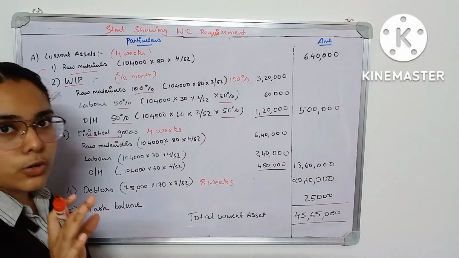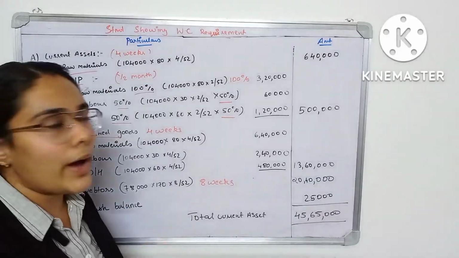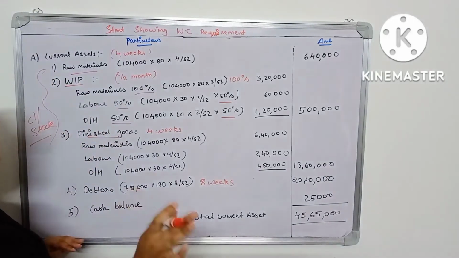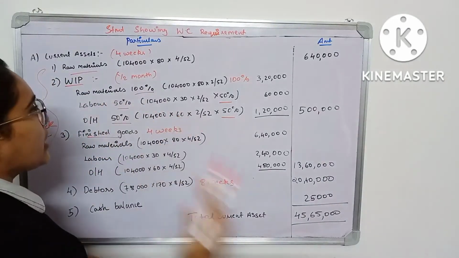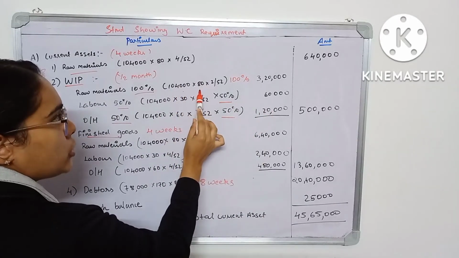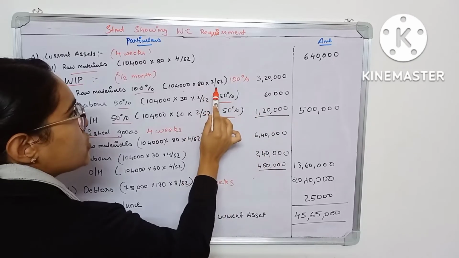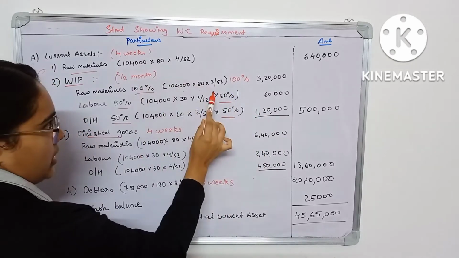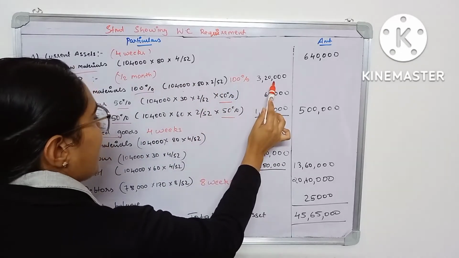This is the general rule that applies with respect to work in progress. So for raw materials, you have to take 100%. So number of outputs produced into per unit cost, which is 80, into 2 by 52, that is half month. So you get 3,20,000.